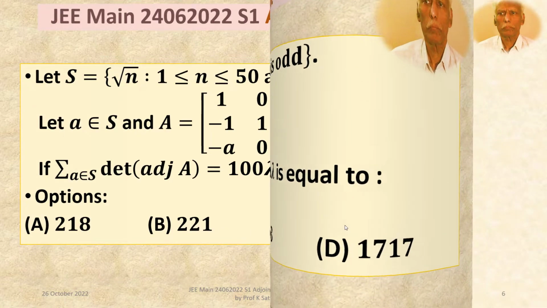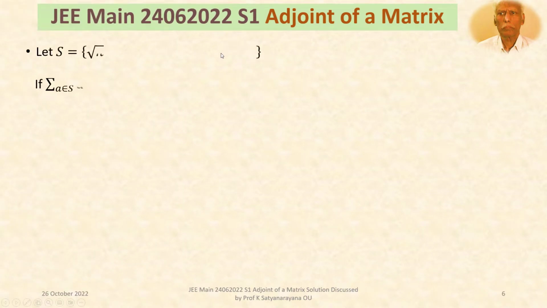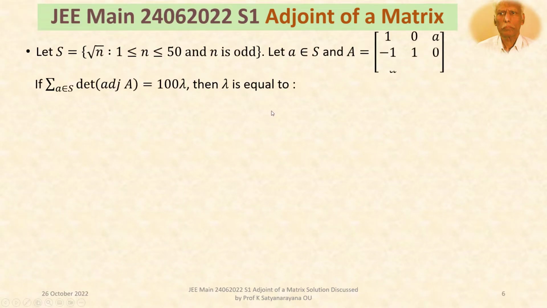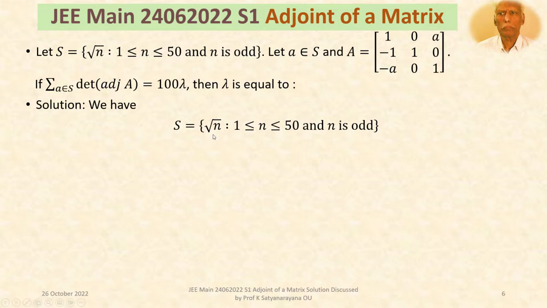We will now discuss the solution of the problem in detail. That is the given problem to us. Solution. We have S is the set of all root n such that 1 ≤ n ≤ 50. That means n takes values 1, 2, 3 up to 50, where n is odd. So n takes the values 1, 3, 5, 7, etc. up to 49.